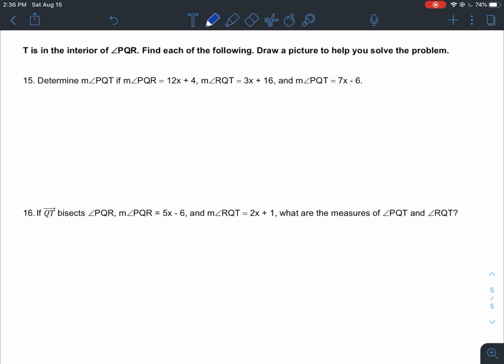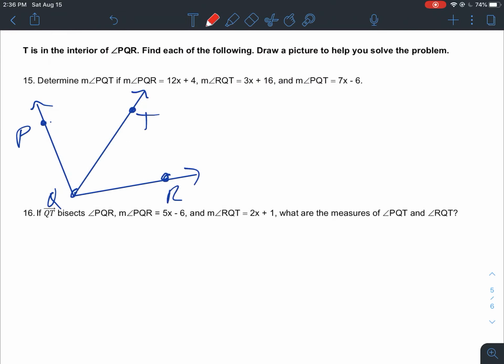All right, last page. We're gonna do both these problems together because they can be a little tricky if you haven't seen one like this before. So once again, T is in the interior of PQR. So we're still sticking with the same picture here. PQR, and T is in the interior of it.